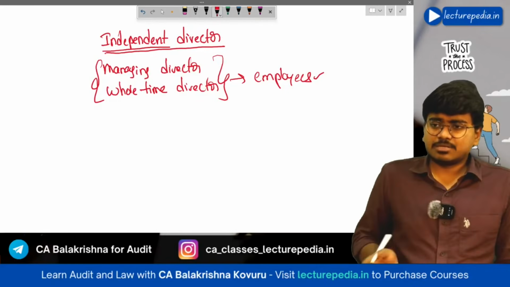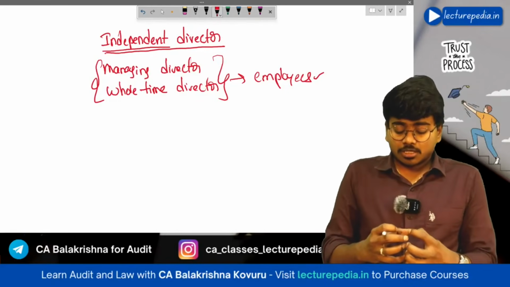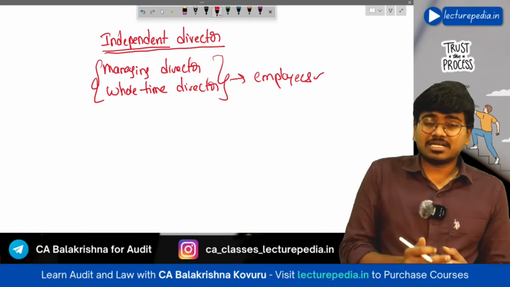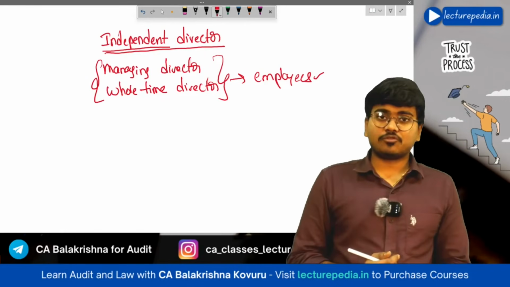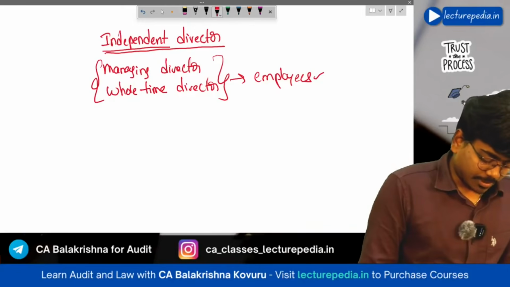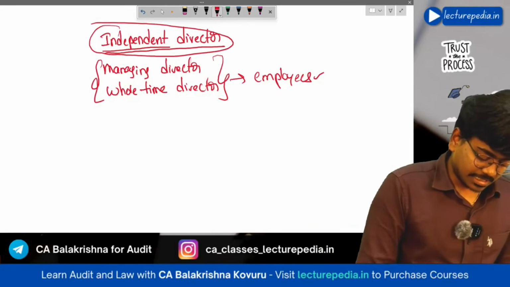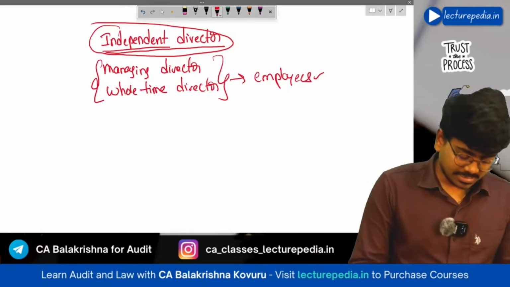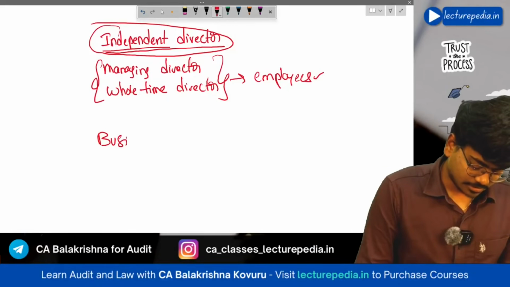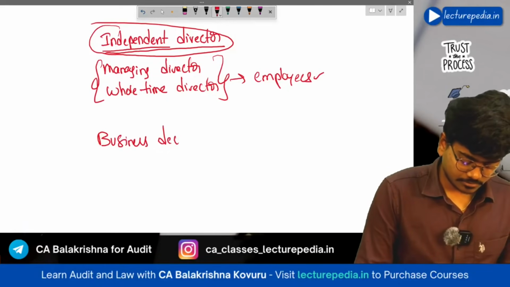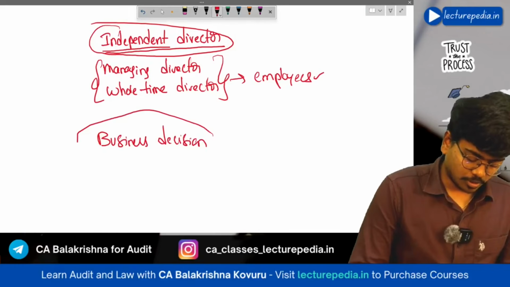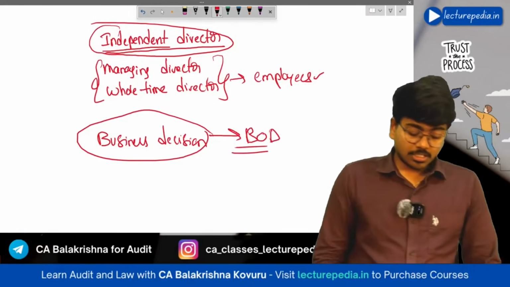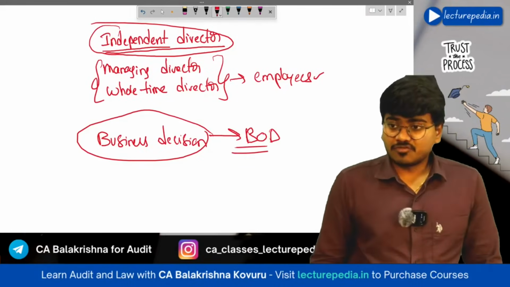And various other types of directors also are not independent until and unless they qualify all the criteria prescribed in section number 149. Now the purpose of these independent directors is, in the company various business decisions will be taken by board of directors.